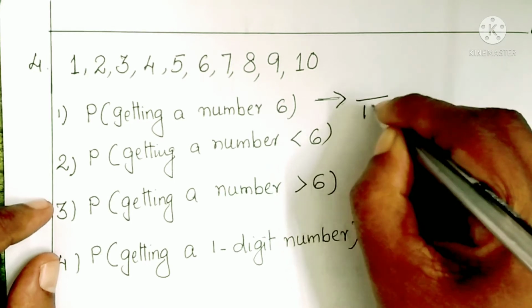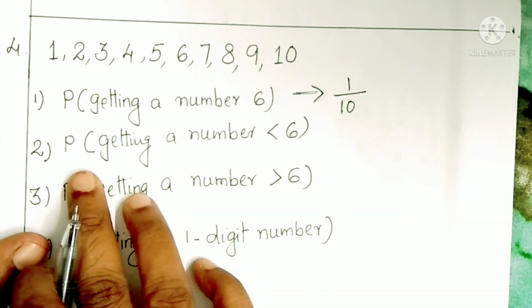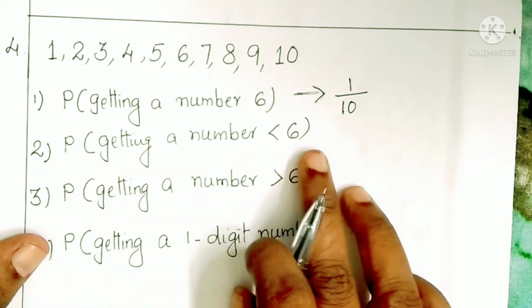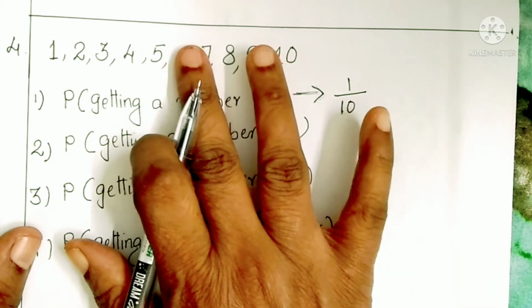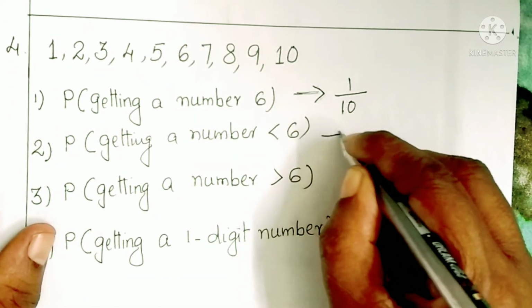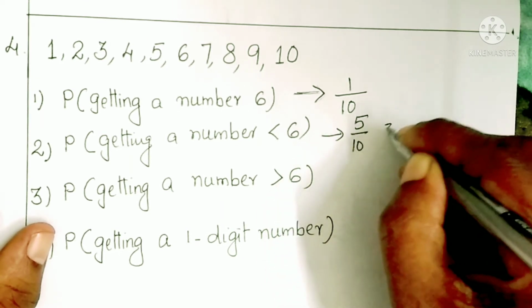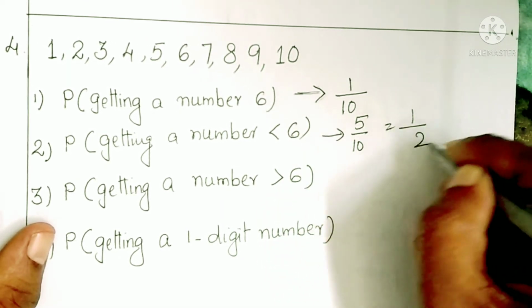Total we have 10 numbers, and from that one can be 6. Now the probability of getting a number less than 6. This is 6. Less than 6, how many numbers? 5 numbers are there. So it is 5 out of 10, which is equal to 1 by 2.